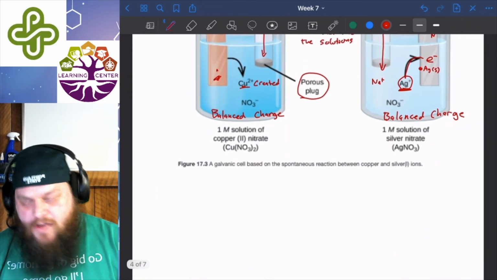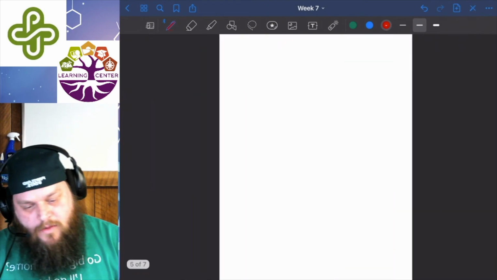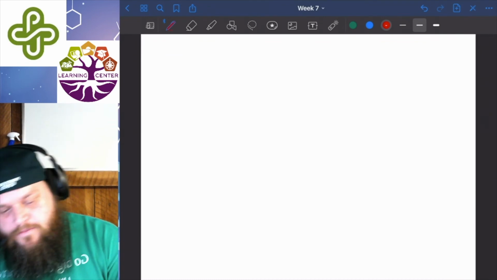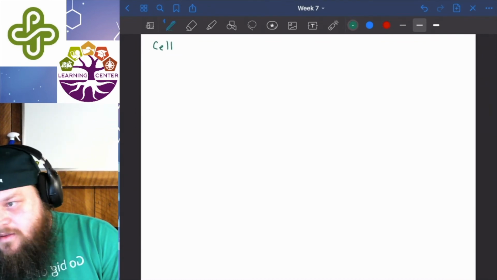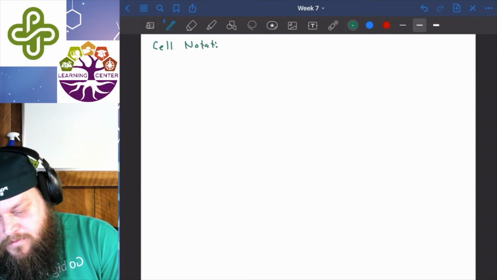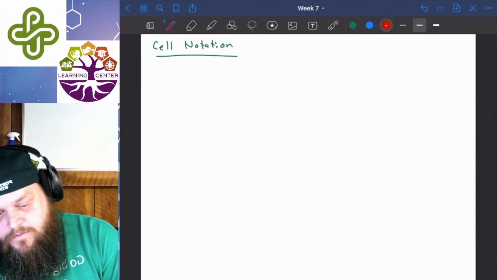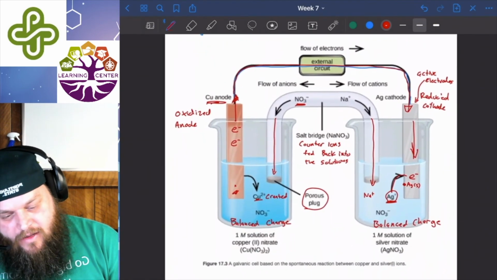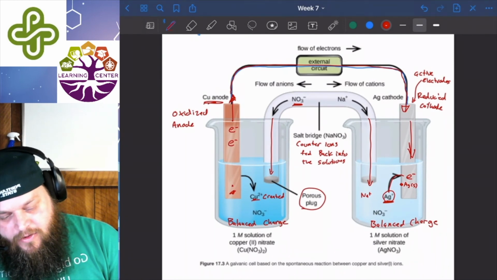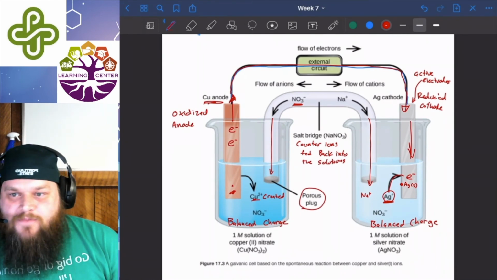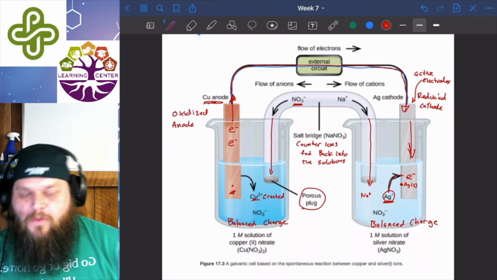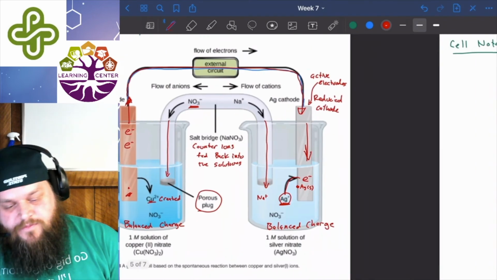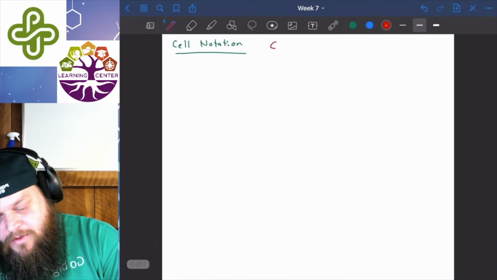So the notation that we use for this is cell notation. And if I were to write out that reaction for this galvanic cell, notice we have copper solid turning into copper +2. We have silver plus turning into silver solid. So we can write out that whole equation. I'm just going to write it out up top.